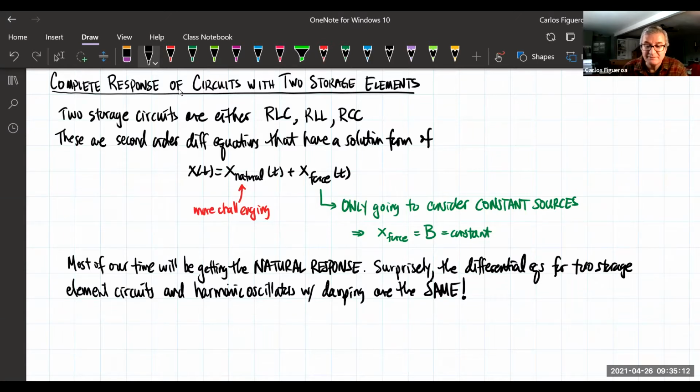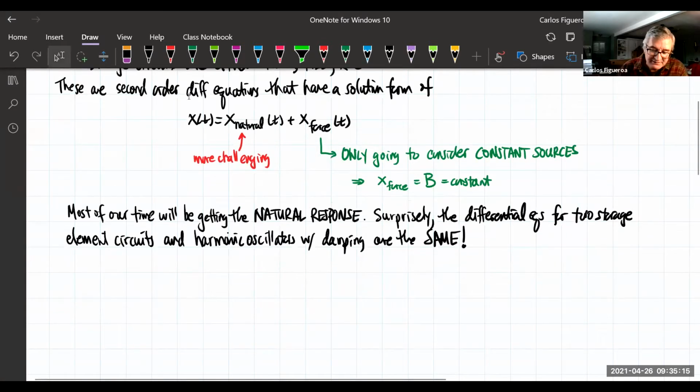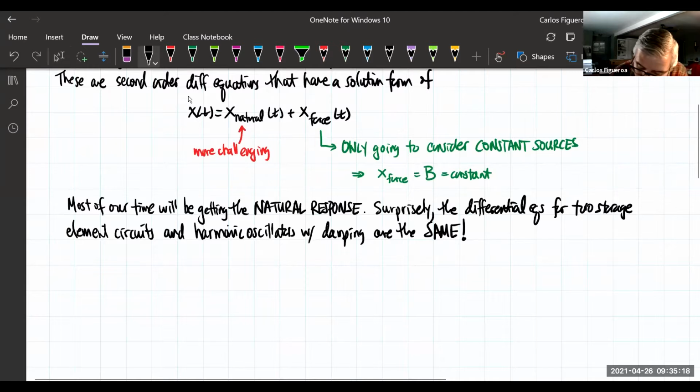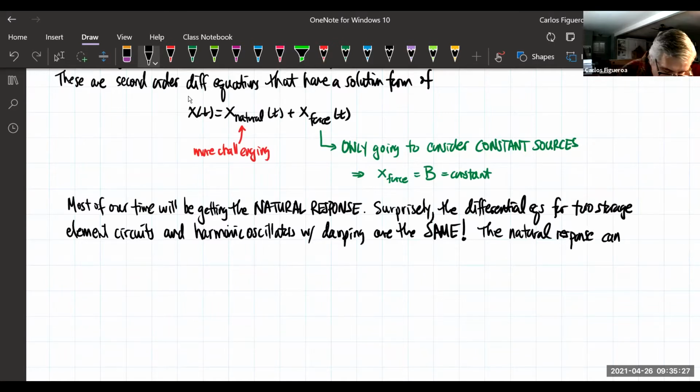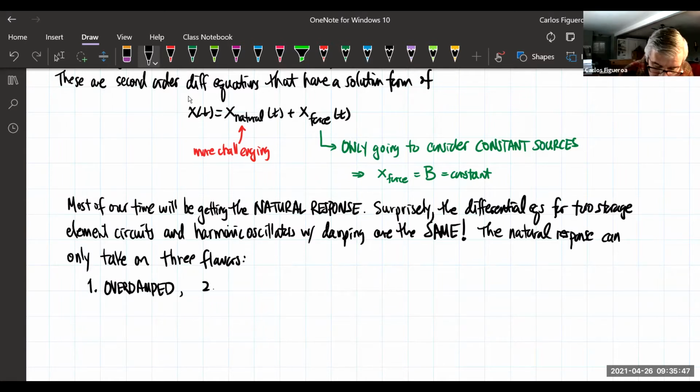That is really surprising. So what we're going to see here is that the natural response can only take on 3 flavors. One, it could be overdamped. Two, it could be critically damped.